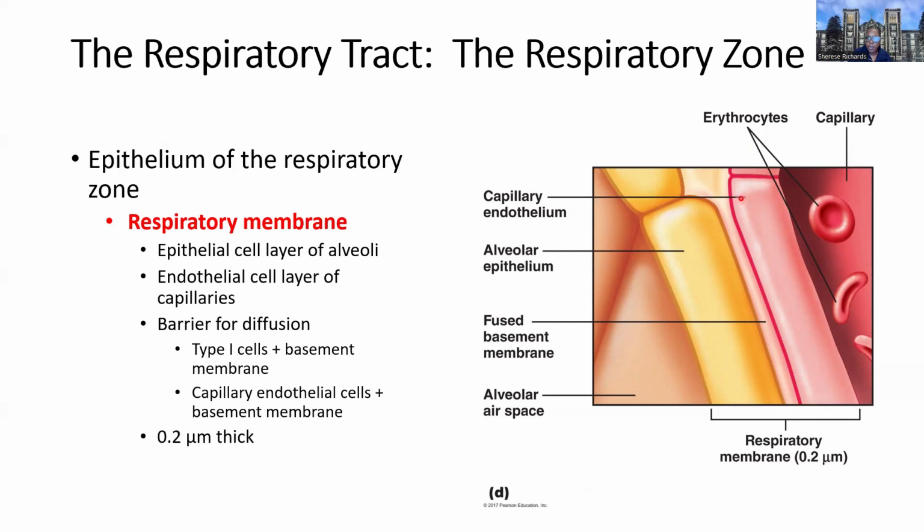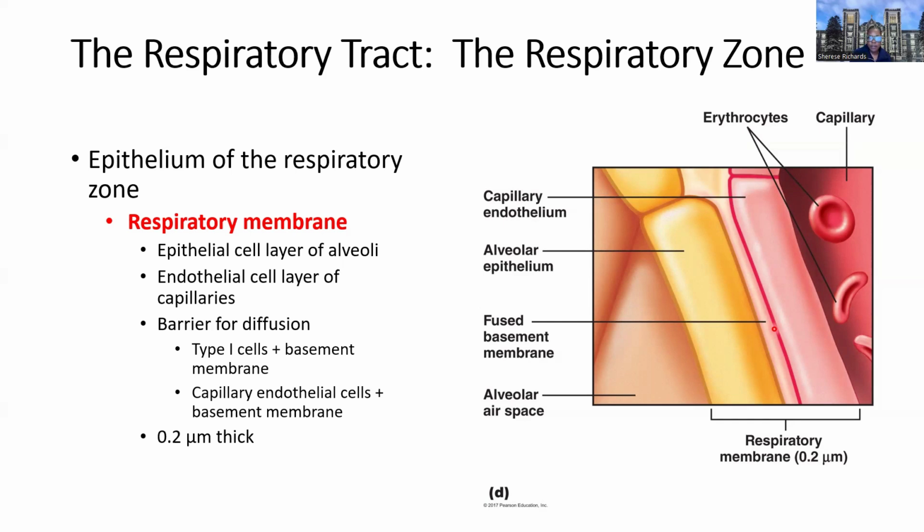It is the endothelial cell of the pulmonary capillary, which is basically our blood vessel cell wall. And then it is the fused basement membrane of both of those structures. So both of these structures are one cell layer thick, and they both have a very small basement membrane. And so here we have a fused basement membrane together creating one very small diffusion barrier for gases.